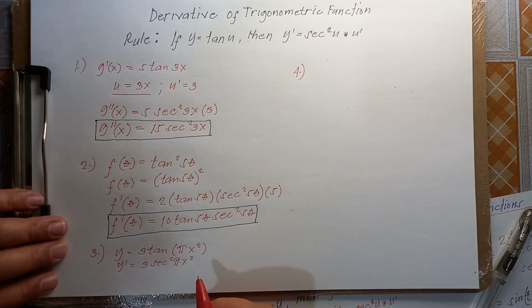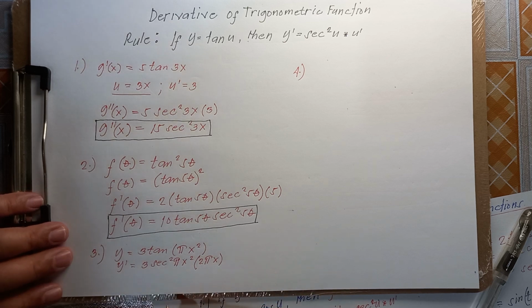And of course, we now need the derivative of u. Our u here is pi x squared, so that is to be multiplied by 2 pi x.